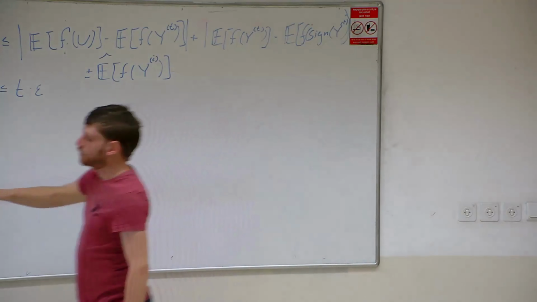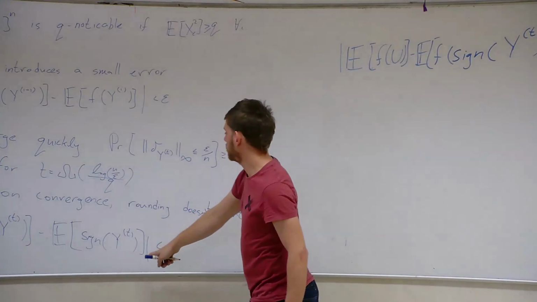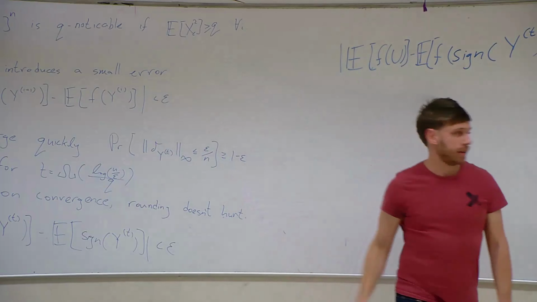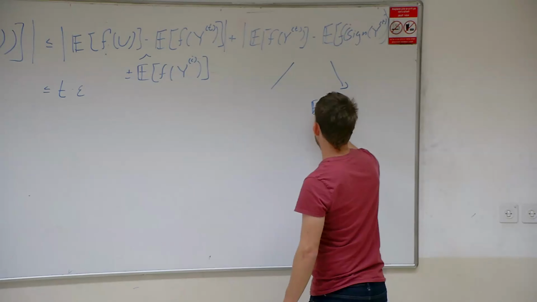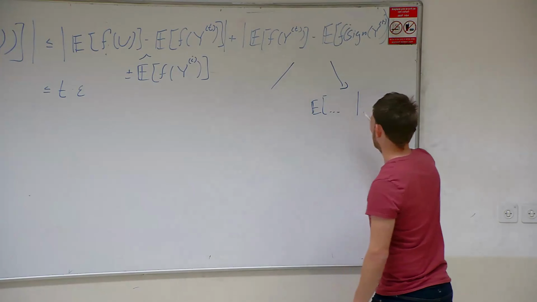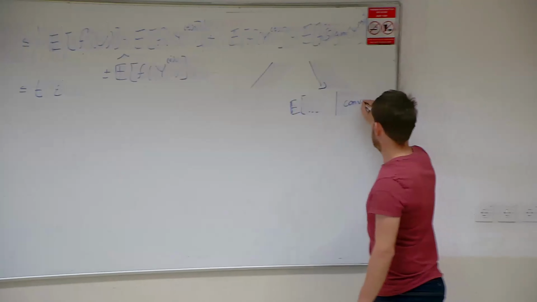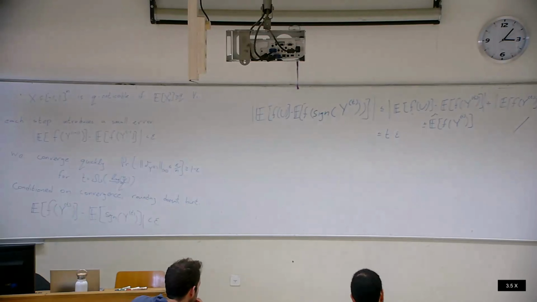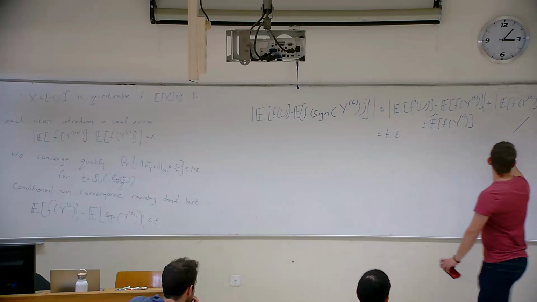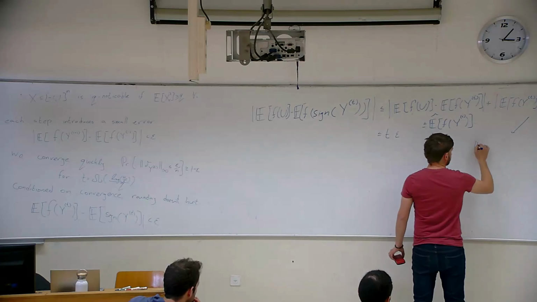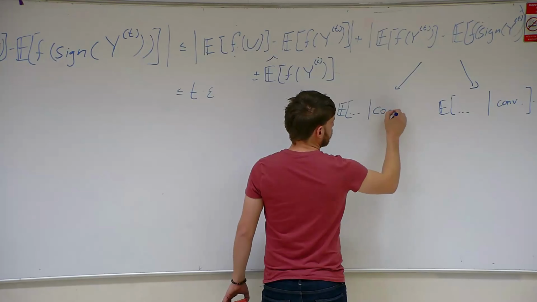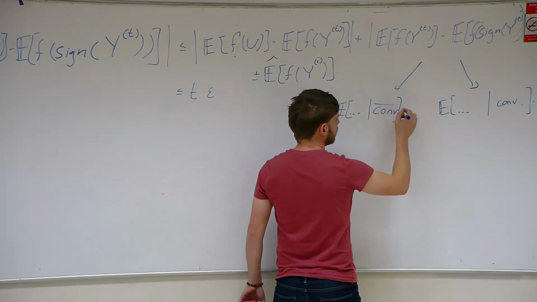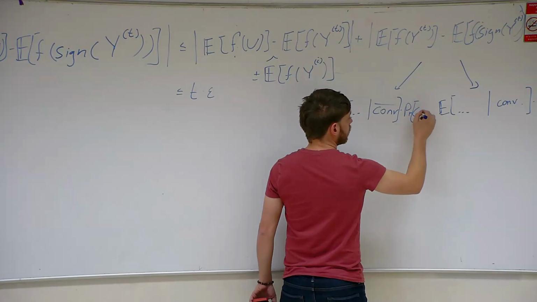Okay, we said that conditioned on convergence, this is smaller than epsilon, and we have that with high probability we converge. So this term is the expectation of blah blah blah conditioned on convergence times the probability of convergence, and this one is the expectation of blah blah blah conditioned on the convergence complement times the probability of not converging.